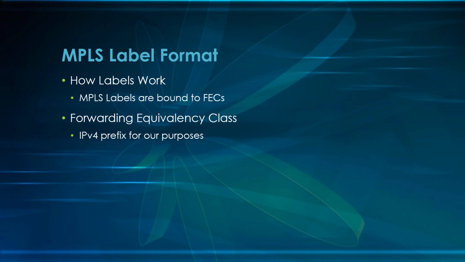And that's the key factor here. So when you look in the show MPLS forwarding table for a particular prefix, and you see the values, what you're actually looking at is the forward equivalency class. It knows how to get you from the ingress PE to the egress PE based off of the information that was propagated from the remote end.